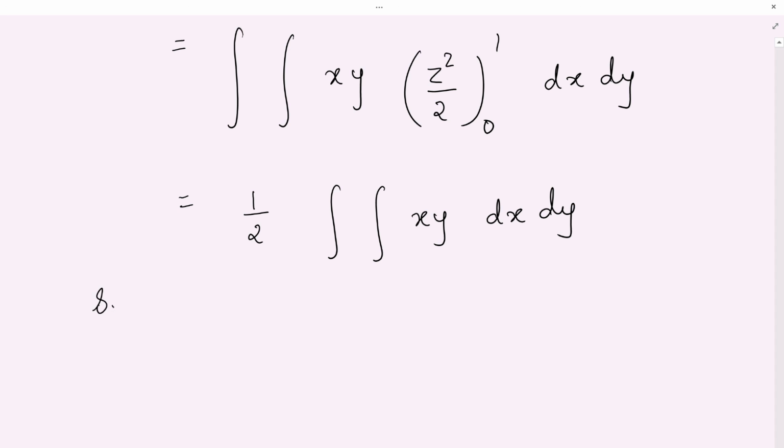So substituting into polar, it is a positive quadrant of a circle, x² + y² = 1. That means r = 1.